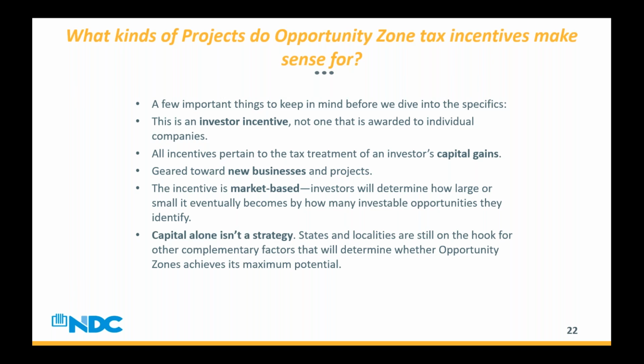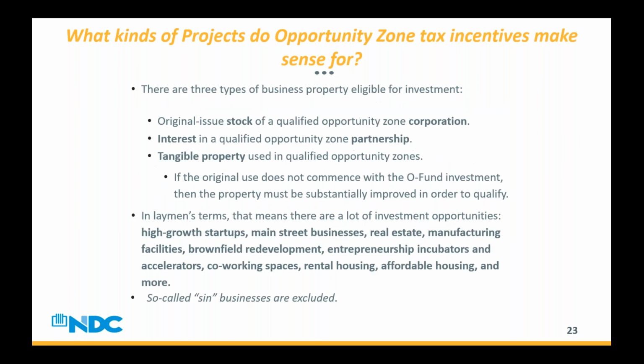So look at the next slide. You can see that there are three types of business property that are eligible for investment. Stock of a qualified opportunity zone corporation, that's a corporation that is located in the opportunity zone.